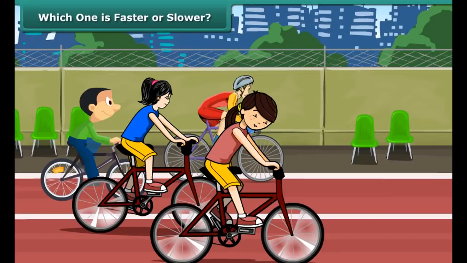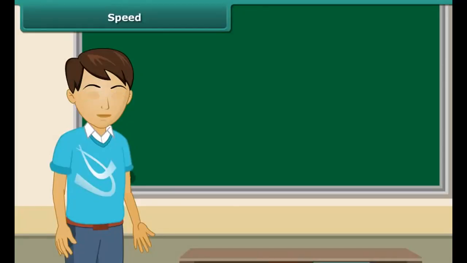Suppose after 10 minutes, one cyclist reaches the finishing line. This means that the winner covered the distance of 1,000 meters in 10 minutes. This also means that all the others who reached the finishing line later covered less than 1,000 meters in 10 minutes and hence lost the race.